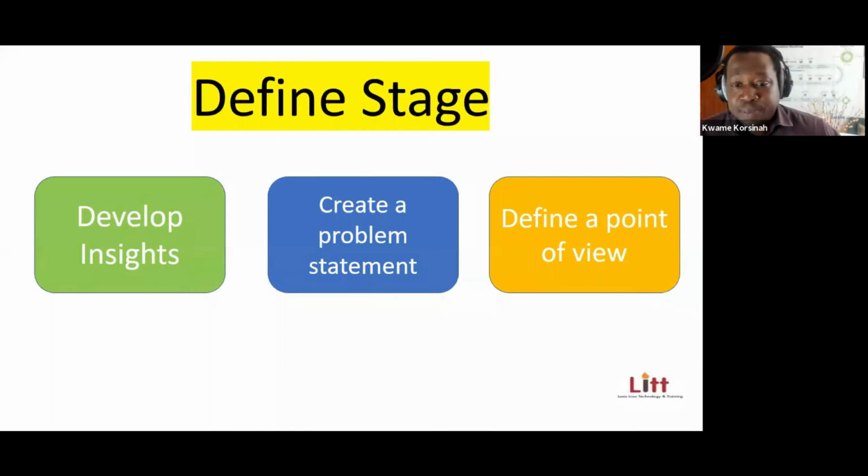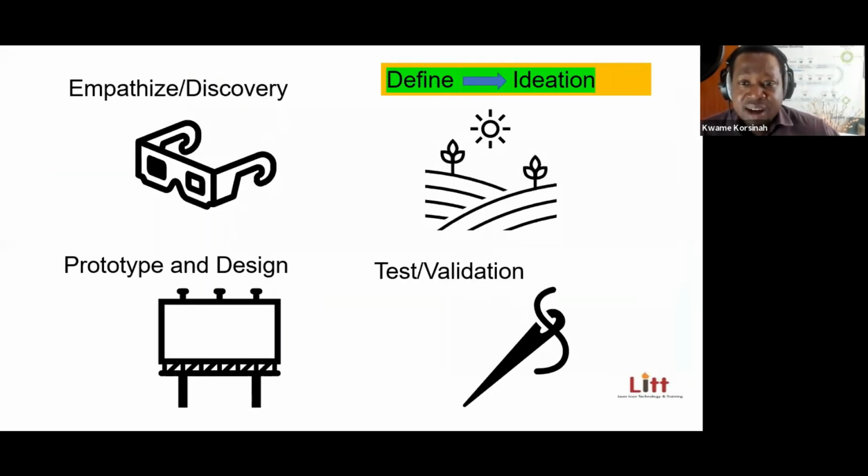We should seek to develop insights, create a problem statement, and define a point of view for the customer. So we've covered our define stage today, and we've built on all the other techniques we've used, and today's session has been all about developing a point of view statement for the customer.